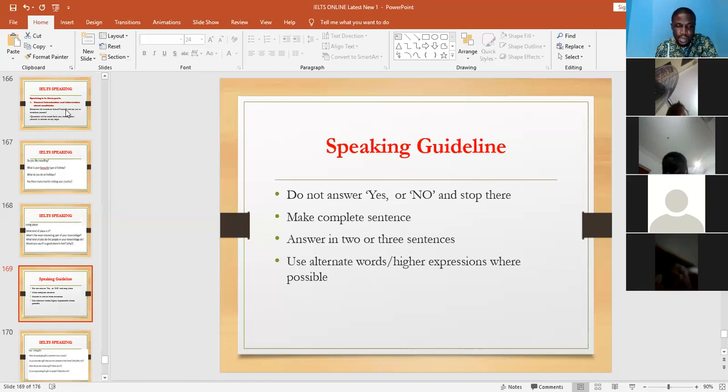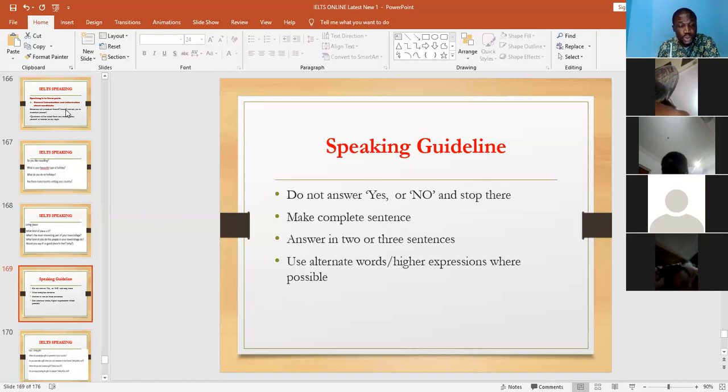Yes, it's more of a formal interview, but they want you to have a conversation. So don't make it too informal to the extent that you don't make complete sentences. These are common things that people do, they do not make sentences and they do not take time to use variant means of expressing themselves using alternate words aside from the direct word.